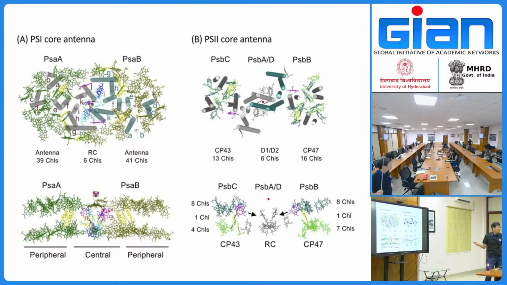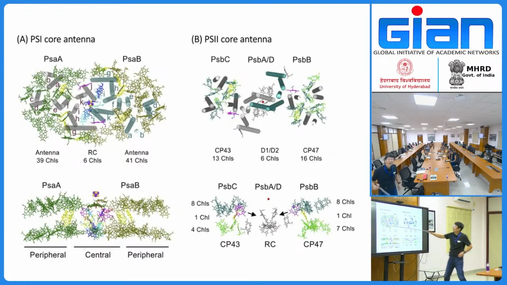If you look at the PS2 core, this is reaction center, D1 and D2, this heterodimer is also very similar to each other, with 5 helices, and also the arrangement of 5 helices like this and like this. So PS1 reaction center component is present here, and PS2 is present here. So these two domains look similar.